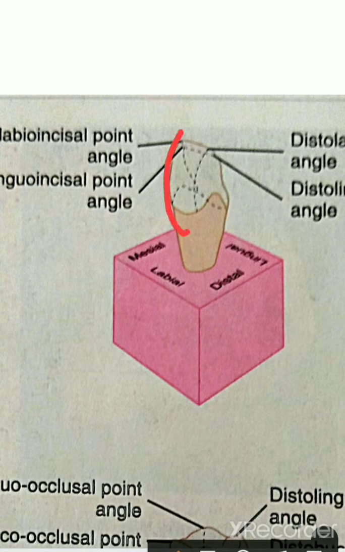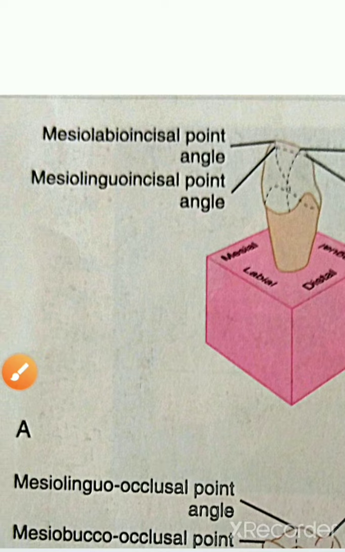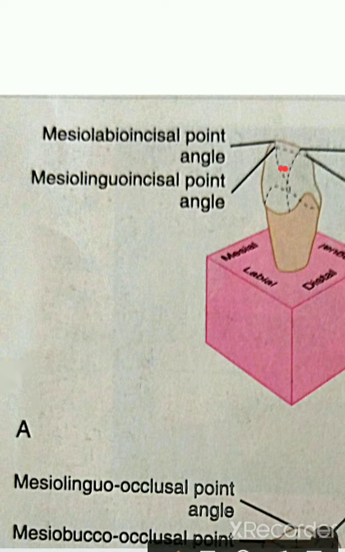If this is a labial surface, it consists of labial and incisal, and if this is a mesial surface, we have the mesiolabio-incisal point angle, and this will be called the mesiolingual incisal point angle.